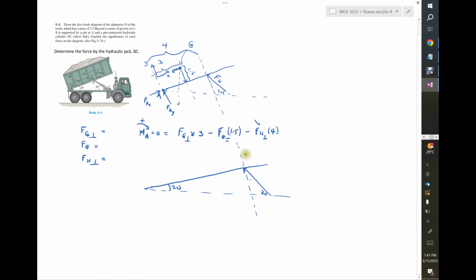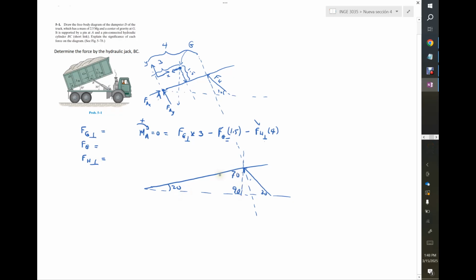So let's work on the vertical, because the vertical is easy, since you know that that's 90, and that makes life easier. So this here is 70.